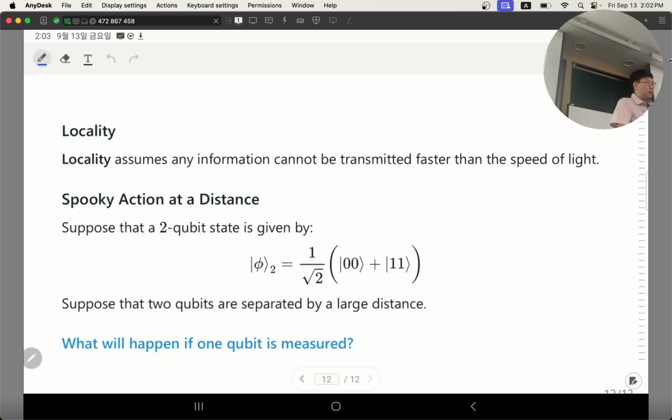So if you want to know whether the information of the quantum state that Alice has been delivered to the qubit that Bob has, then you have to have some way to deliver the measurement outcome of Alice faster than the light to Bob, so that Bob knows instantly, or at least faster than light speed, what Alice's measurement outcome is.